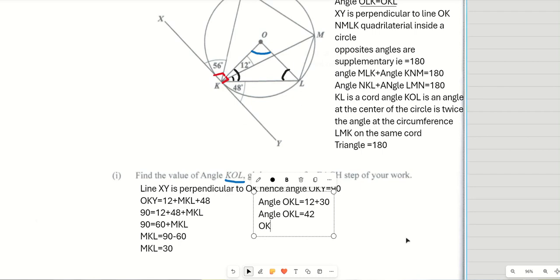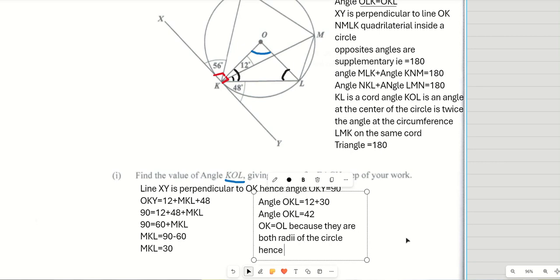So OK is equal to OL because they are both radii of the circle, hence OLK is equal to OKL.